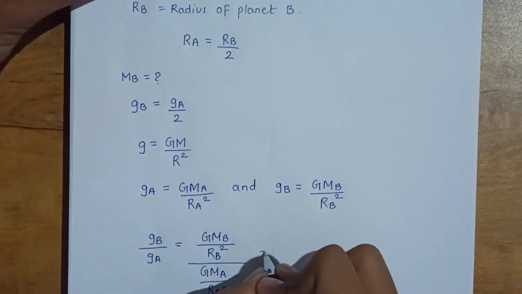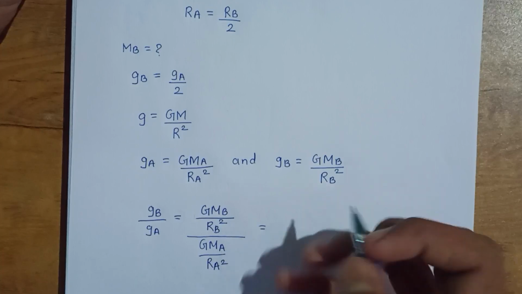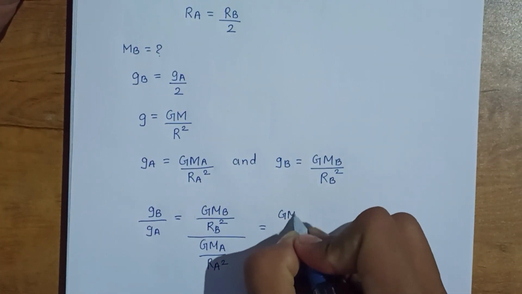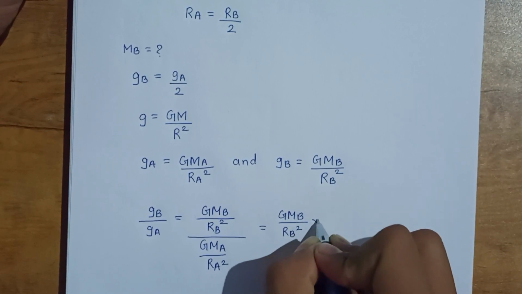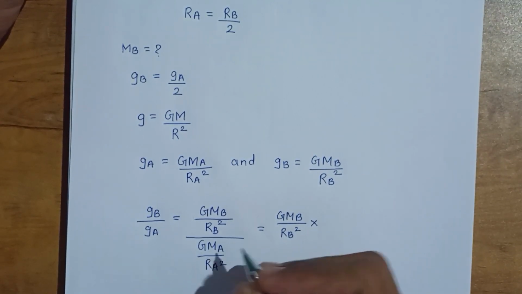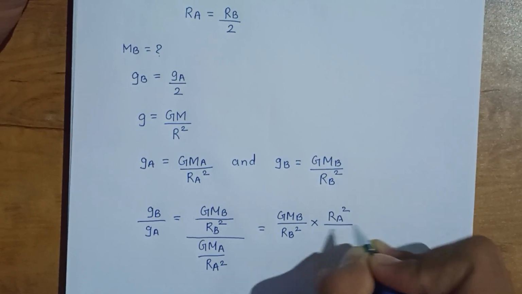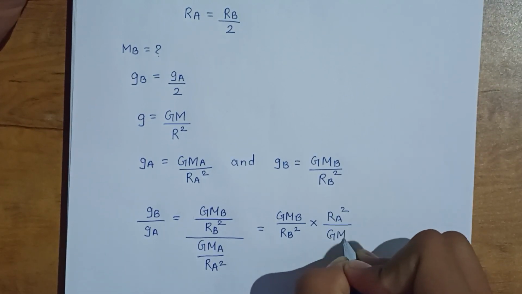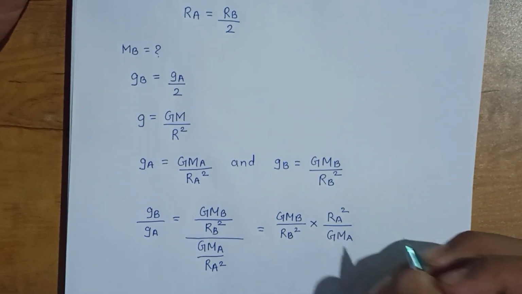Okay, so this will be equal to, this will go upside, it will become GMB divided by RB square into, this will become inverse, RA square divided by GMA. Okay, so this we have got.